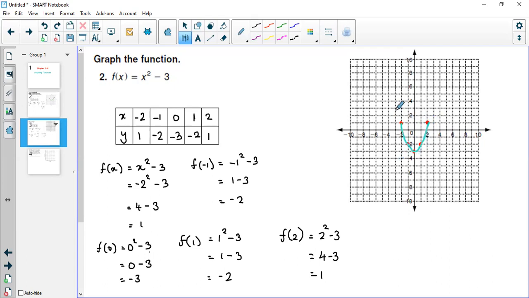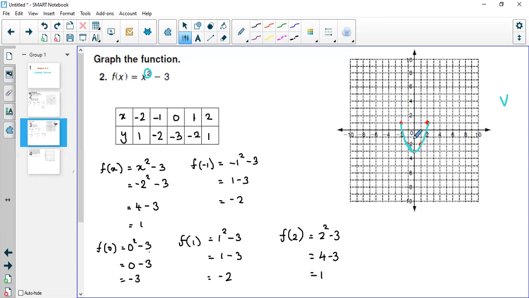So this is how your graph should look, in the shape of a U. The way I already explained, V shape, this is not a V, this is a U, because we write V this way. So this shape graph is for absolute values, whereas a function which has the exponent of 2, which is called the quadratic function, will have a U-shaped curve. So this is how you draw the graph for this function.